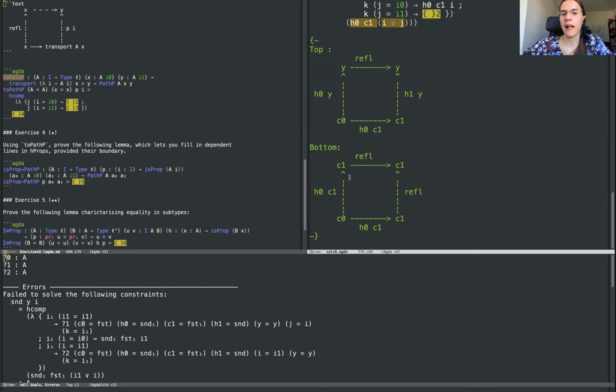We sort of don't care what the values are in the middle. The boundary is this specified value at the bottom, right? So along this path, the expression I or J is equal to just I. Along here, it's just J. And here it's I1, and here it's I1, right?